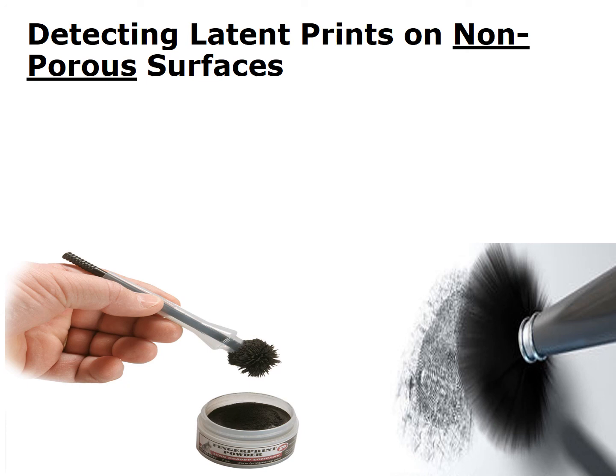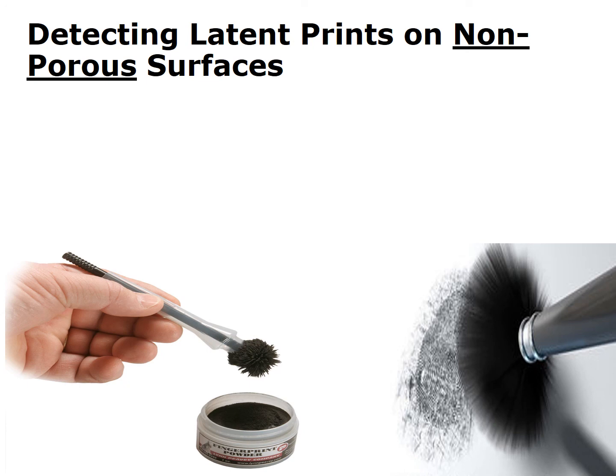At the end of chapter 5C, we talked about the Rubis technology and how it used ultraviolet light to detect latent fingerprints. The most common method of detecting latent fingerprints, at least on non-porous surfaces, is fingerprint powder. When we say non-porous, we mean a surface that doesn't absorb water or liquids.